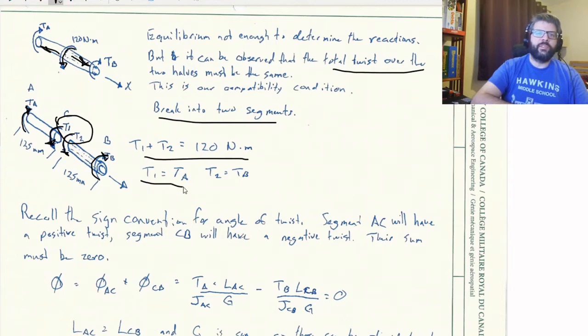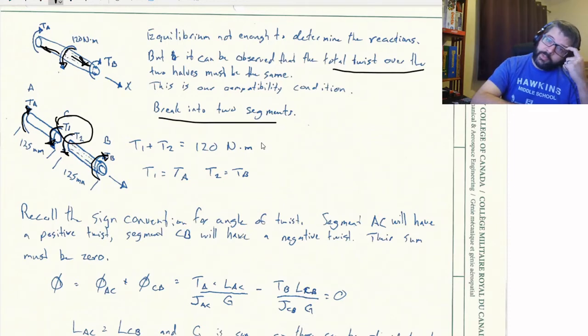And then, of course, the magnitude of those, T1 needs to be equal to TA, otherwise this thing's spinning out of control. Same thing on this side. T2 needs to be equal to TB, or else this thing's spinning out of control. So essentially just, TA plus TB is equal to 120 Newton meters.